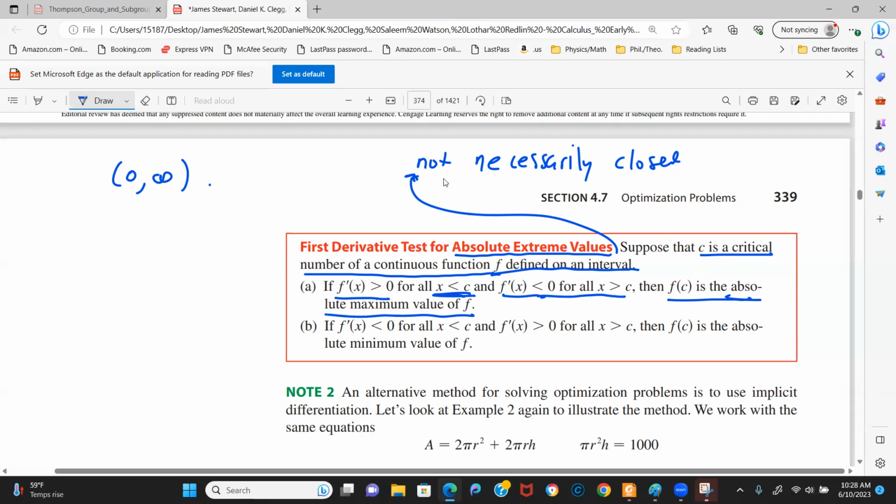Just like on the flip side, if you are decreasing on the left of the critical point and then increasing on the right of the critical point, then f of c is not only a local minimum, but it's the global or the absolute minimum, just as in the case of the example we looked at.